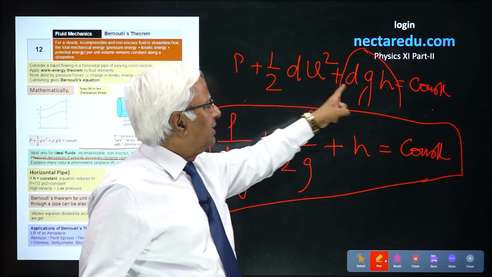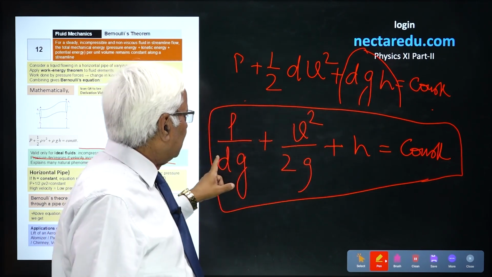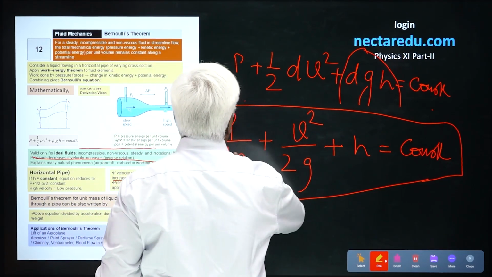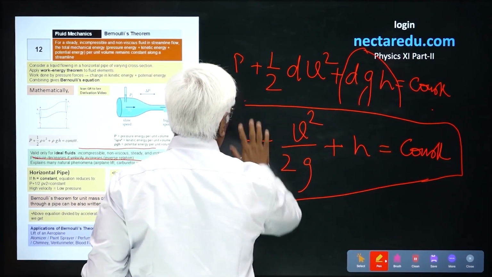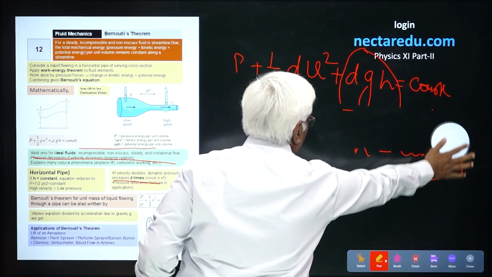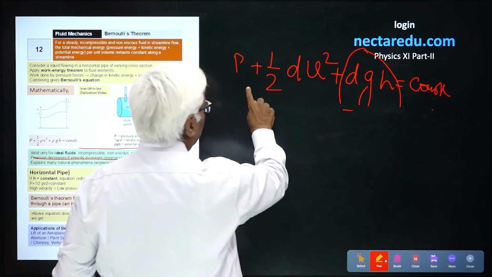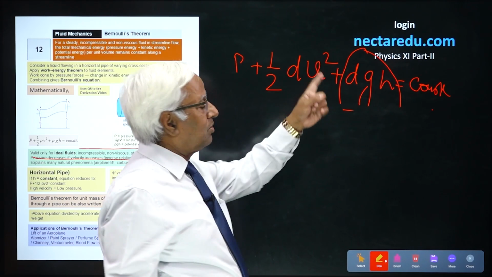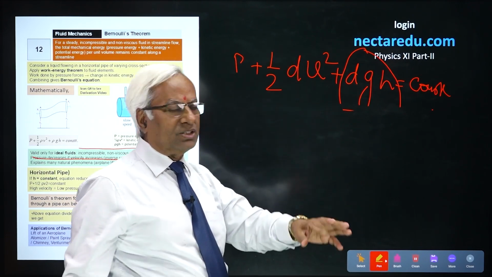So, we define it in terms of energy per unit volume, and here in terms of head. You have to remember that P is pressure, never forget. So, in Bernoulli's theorem, you start with pressure. Obviously, pressure could be added with pressure only.